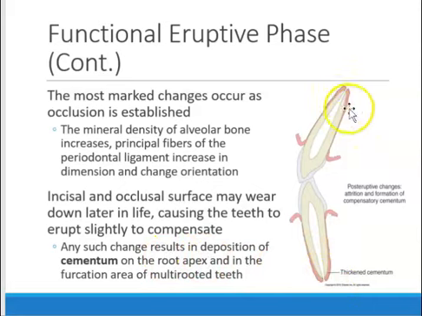So we have thickened cementum at the bottom. It's there because it's compensating for occlusal wear, because every time the teeth hit, they wear down, and that can cause some trauma to the bottom area. So it tries to compensate by depositing cementum there, so it doesn't cause as much problem to the tooth.